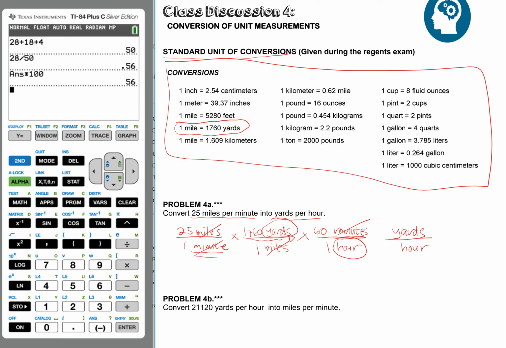What's on top? You have 25 times 1,760 times 60.